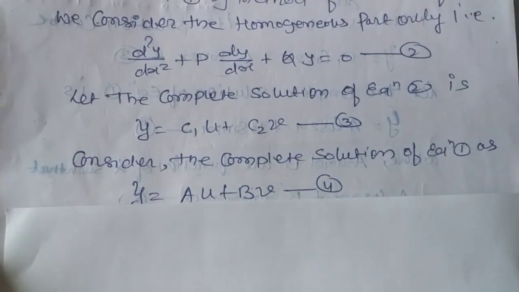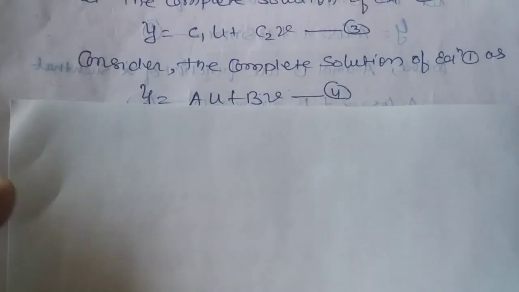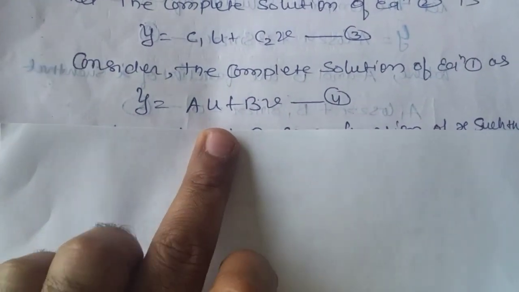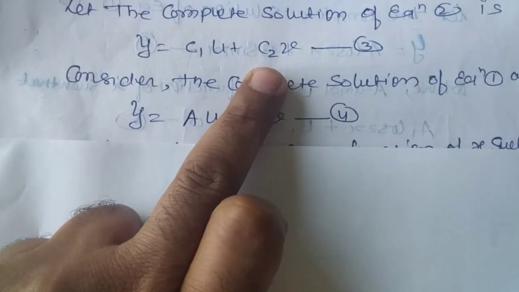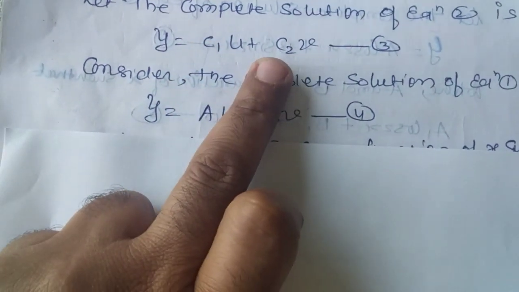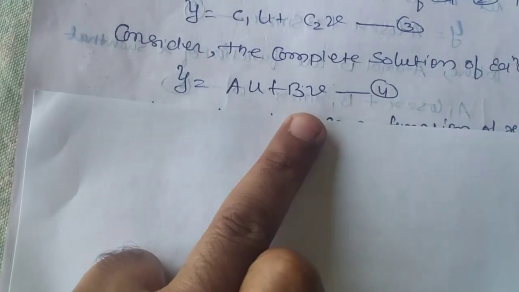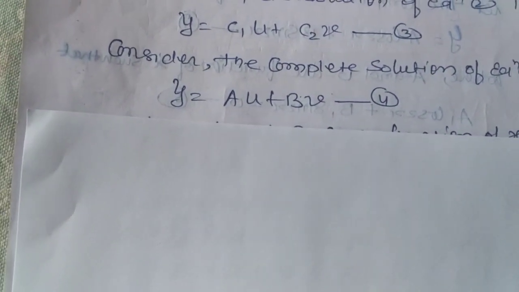So let the complete solution of equation first be y equal to au plus bv. The constants C1 and C2 in the solution of the homogeneous part, we replace by a and b, which are arbitrary functions of x.